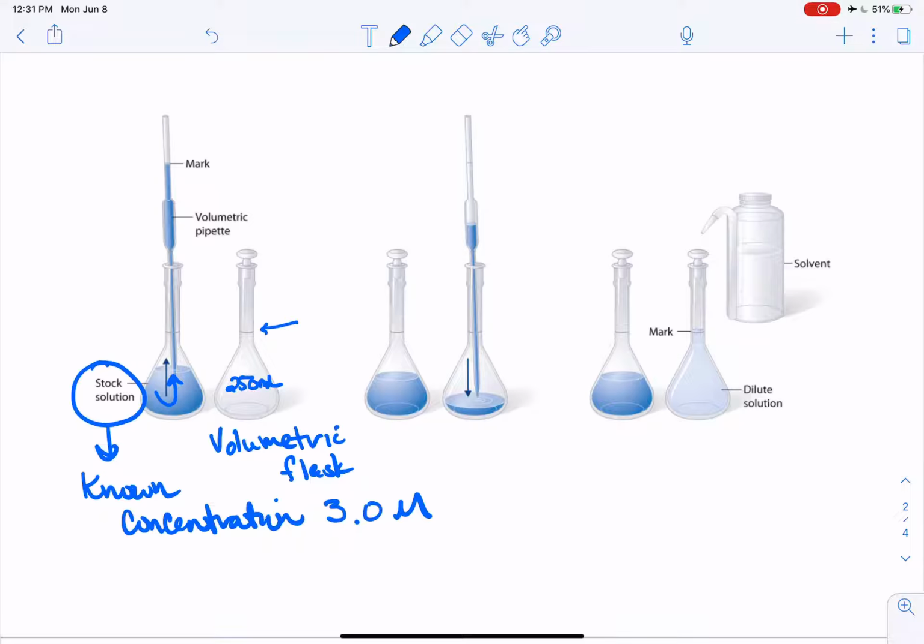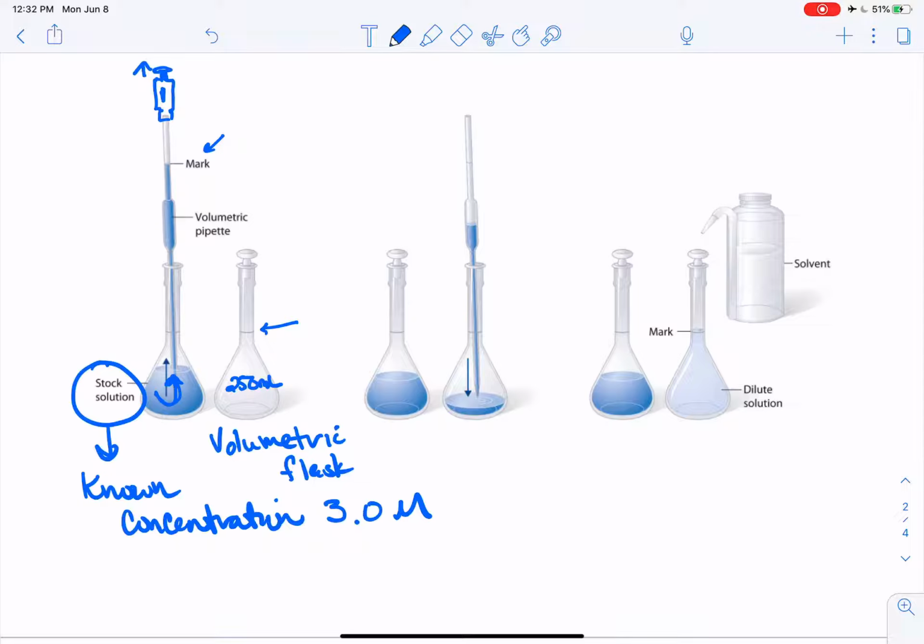And what we usually have on the top of the pipette is a pipette pump. So it goes on the top like that, and it has this little knobby thing on the top, and then it has this little roller thing right here, and you use your thumb and you roll it in one direction, and this little knob on the top comes up and the stock solution gets sucked up into the volumetric pipette to a certain mark.